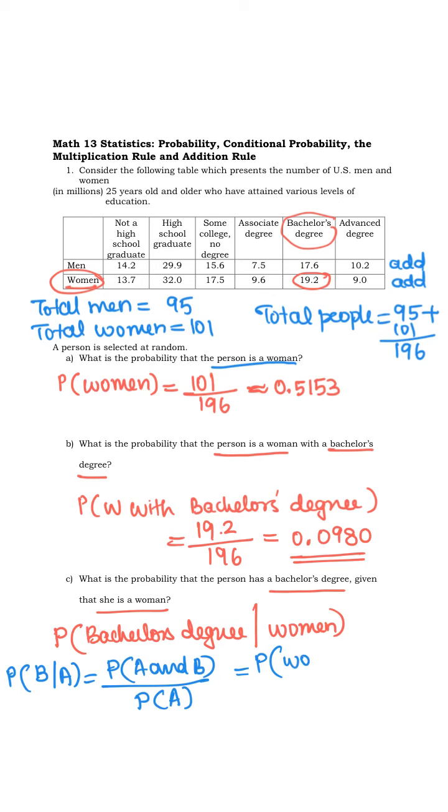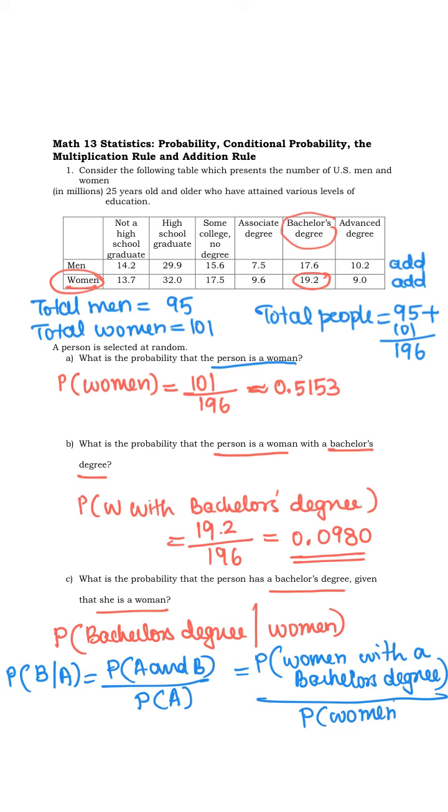So probability of woman with bachelor degree divided by probability of woman. So that is 19.2 divided by 196 divided by 101 divided by 196, that is approximately equal to 0.1901.